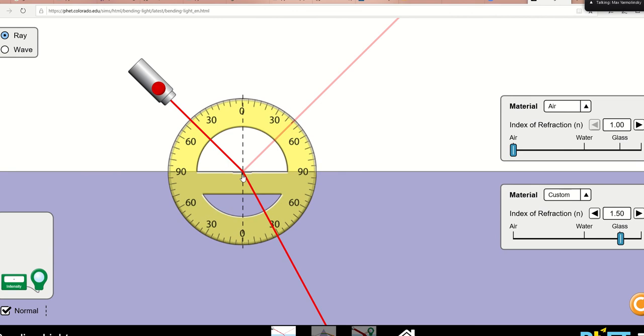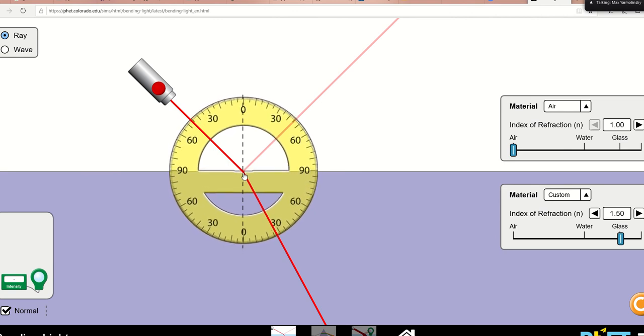Let me get the scale. This is 10, 20, 30, 40, 50, so 46 degrees over here and 46 degrees.